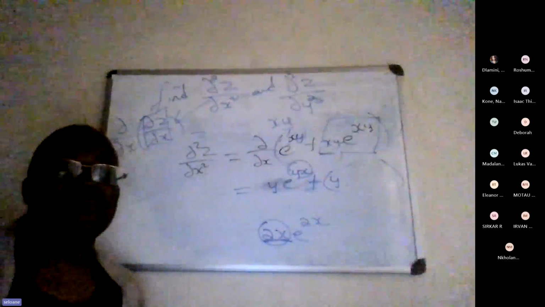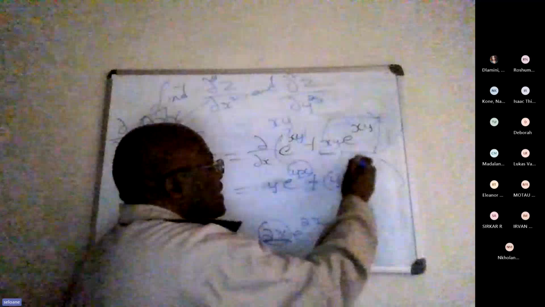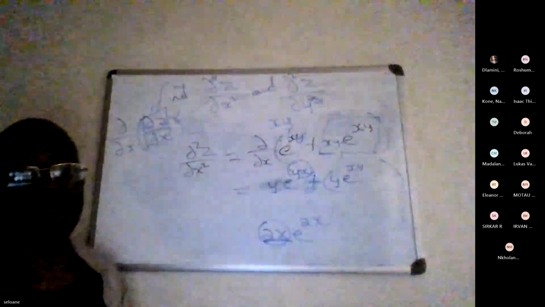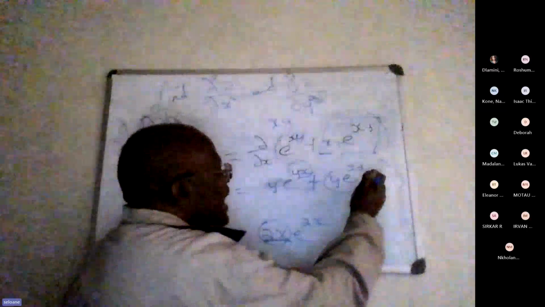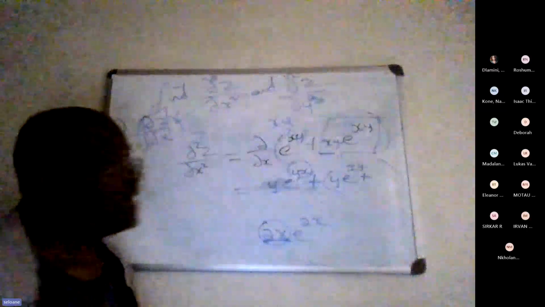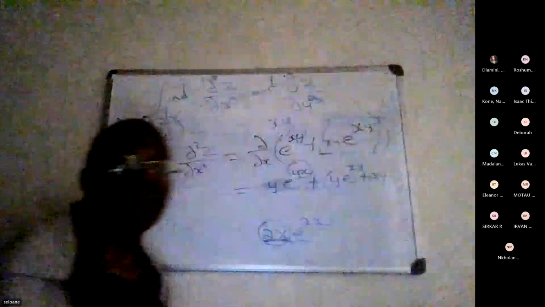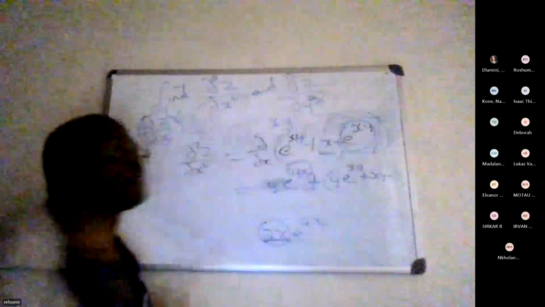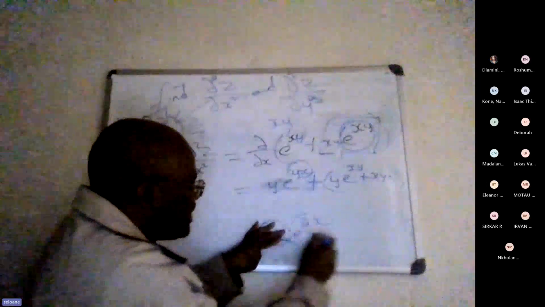Does it make sense? Then you multiply it by e exponent xy. Then you say plus. Plus what now? The xy is now fixed. Then you multiply it by the derivative of this.